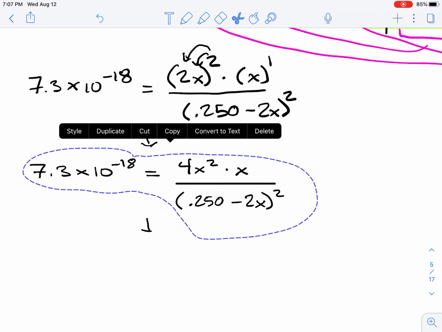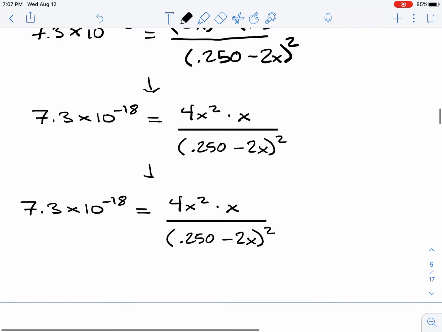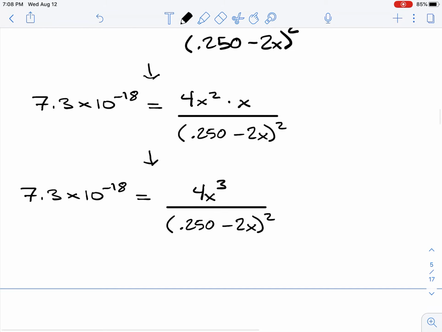And then once again, if we combine the terms, you know what, let me just duplicate this. Just want to show my work. Then if we combine the numerator, what we get is 4x to the third. Okay? And so this is raising the exponent to the power of 3.